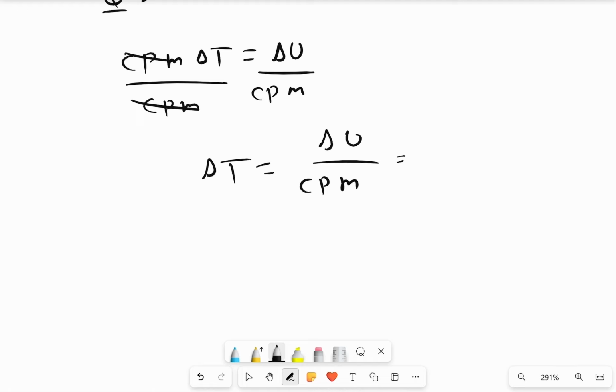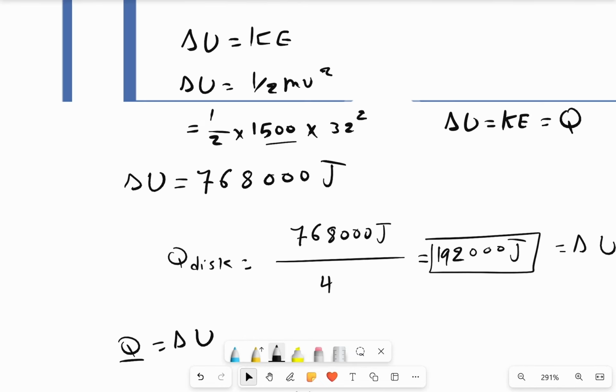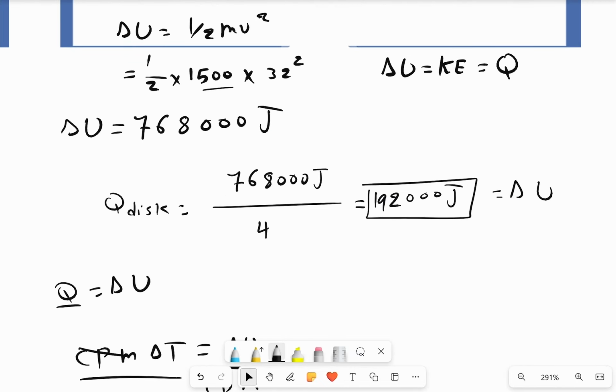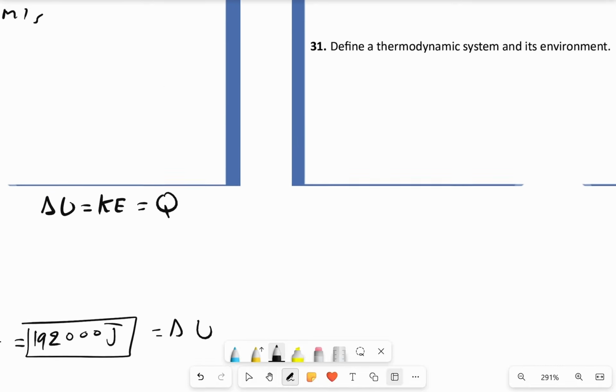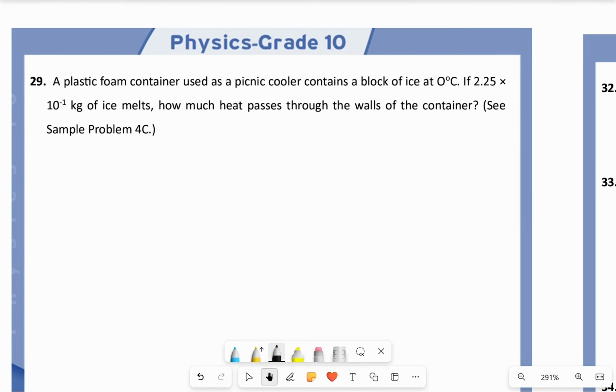Now, delta T is going to be 192,000 joules divided by Cp, which is 448, times mass, which is 3.5. And delta T is equal to 122.4 Celsius.